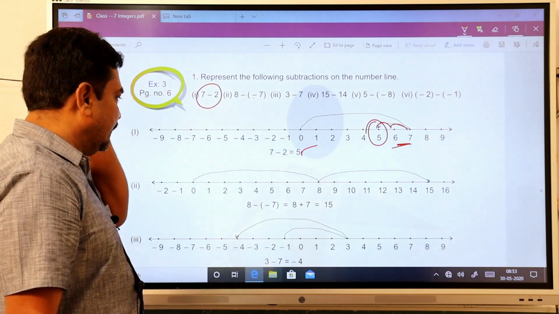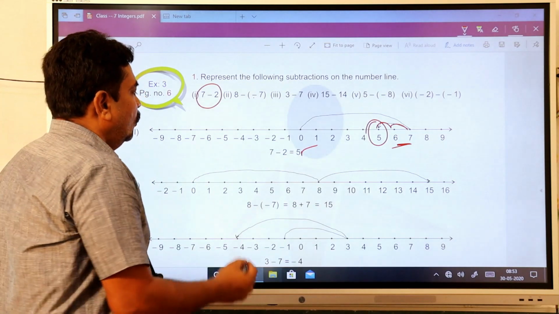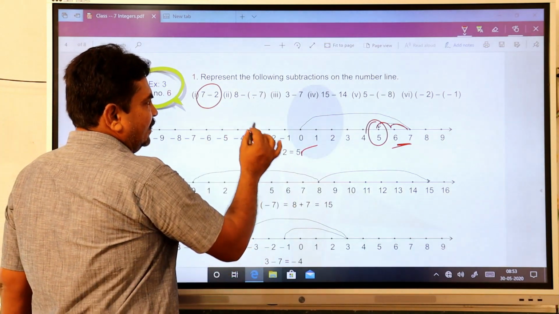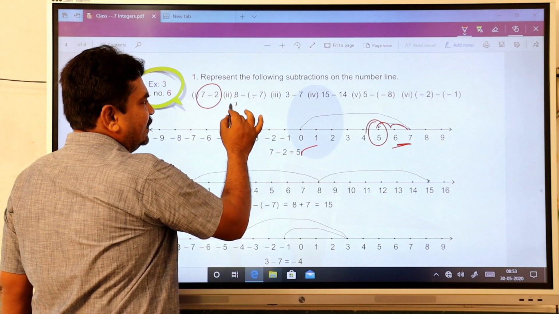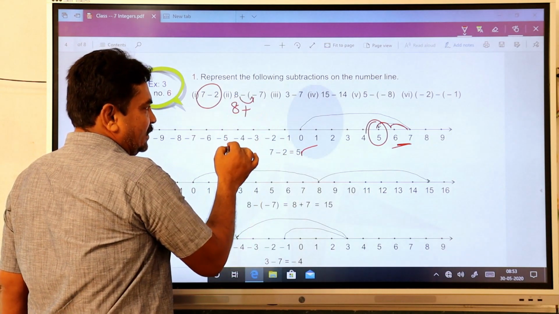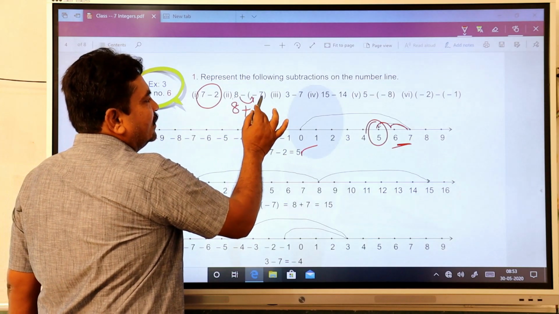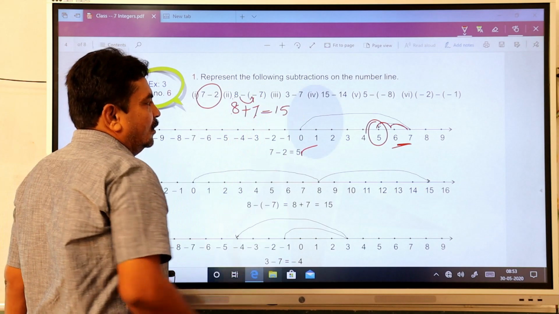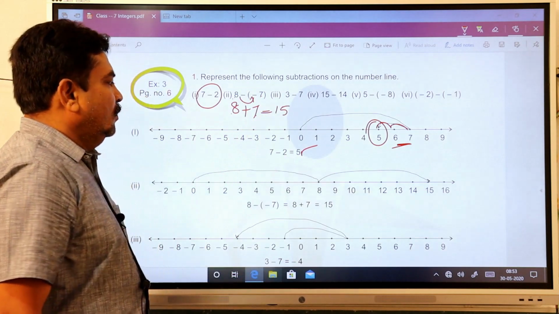Next one is 8 minus of minus 7. Okay, now you see, what do you mean by this? Minus of minus 7. 8 minus into minus, how much? Plus. So this is your 7. 8 plus 7, how much? 15. So that is what you have to go for.